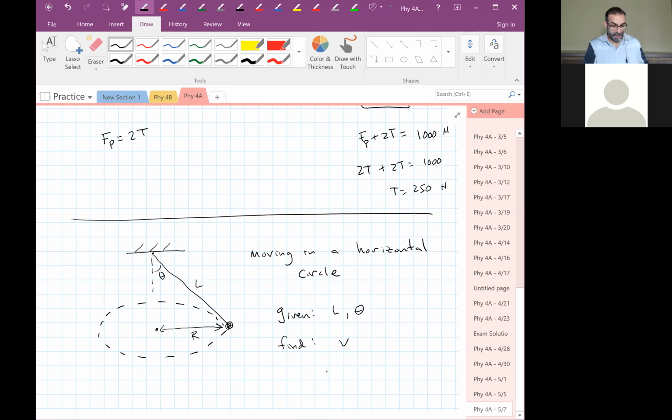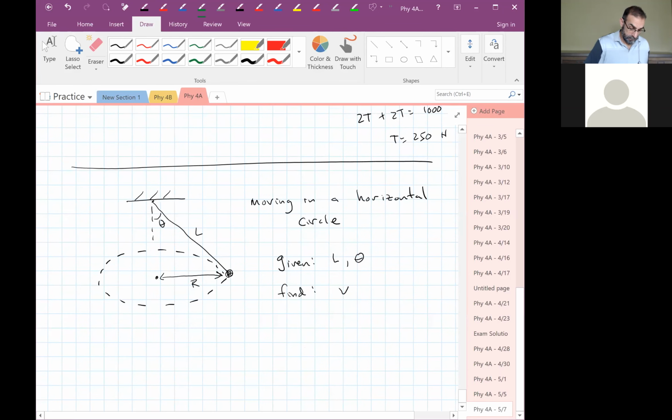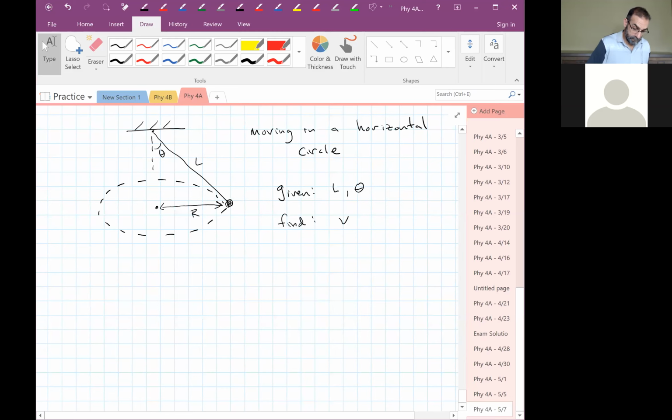Have you drawn a free body diagram for this object? What coordinate system are you going to use?